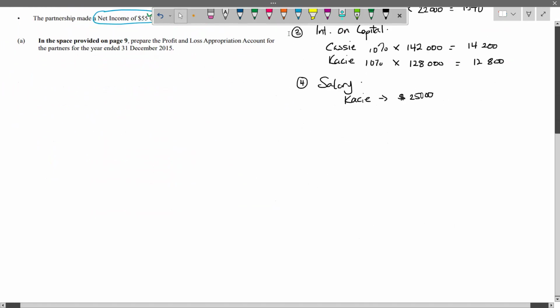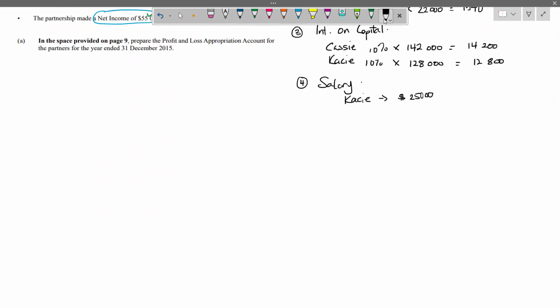let's get to the profit and loss appropriation account. So I'm going to do that right here. Name of the partners, Cassie and Casey. They want the profit and loss appropriation account. So I'm going to label it just as that.